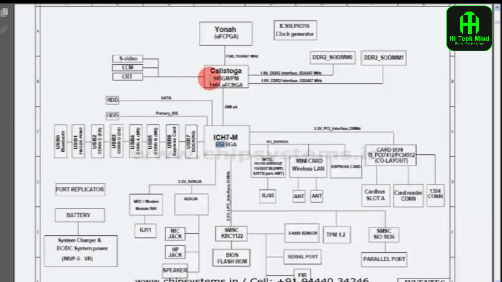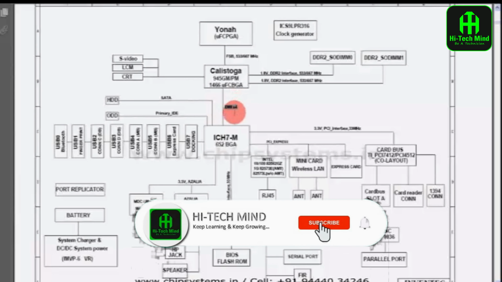The structure will be the same, but the RAM, hard disk capacity, processor socket, bus speed, and configuration used here differ. Here the bus speed is FSB 667 MHz. The North Bridge is connected with DDR2 RAM, Super Video, LCD monitor, and CRT, and the North Bridge and South Bridge are connected by DMI, that means direct media interface.